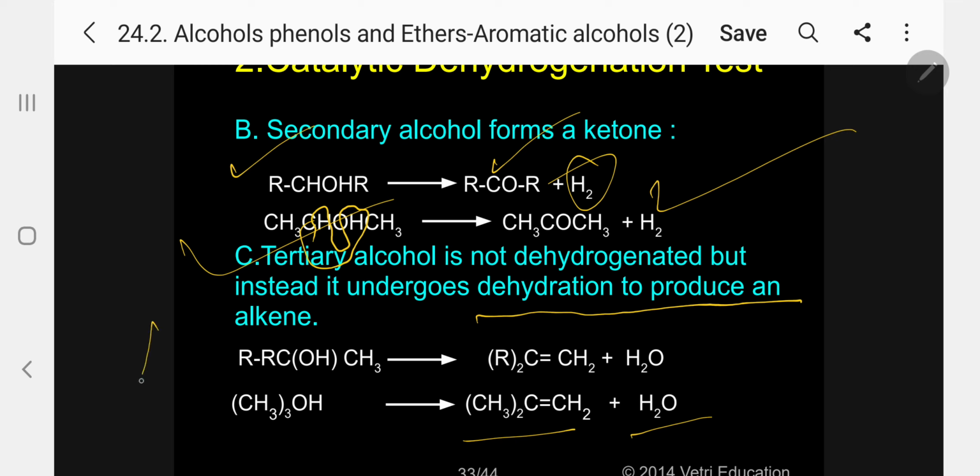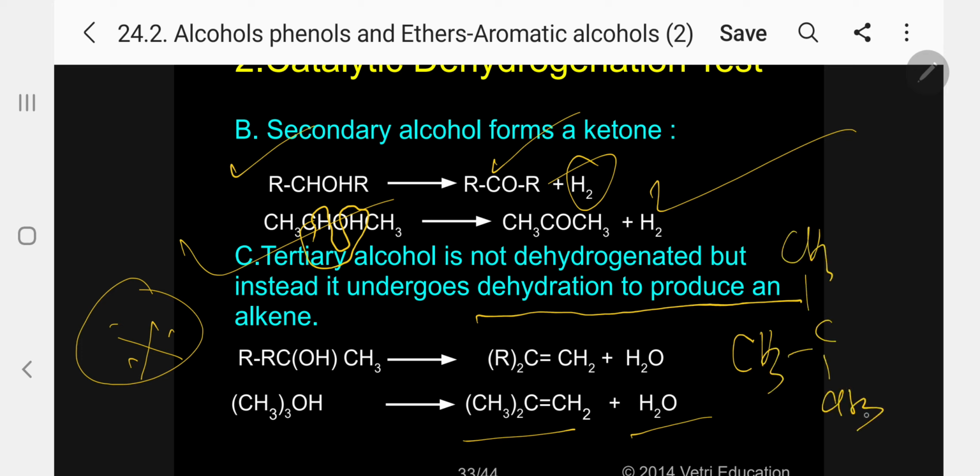This is very, very important. So how I can write this: the tertiary alcohol, the OH goes out along with hydrogen in the form of water, forming isobutene. This is isobutene plus water.